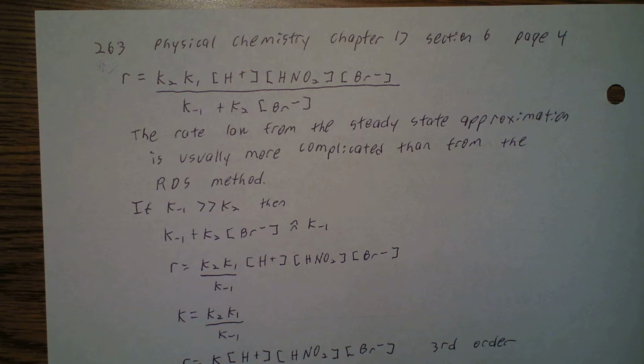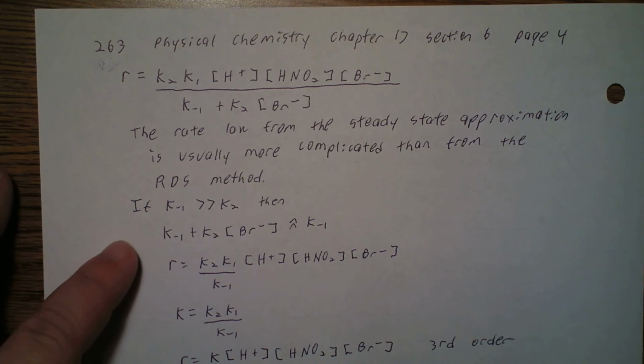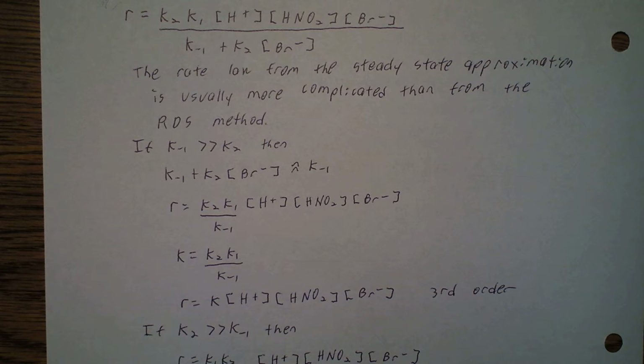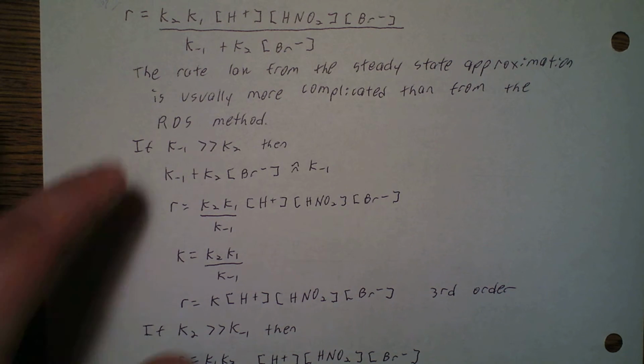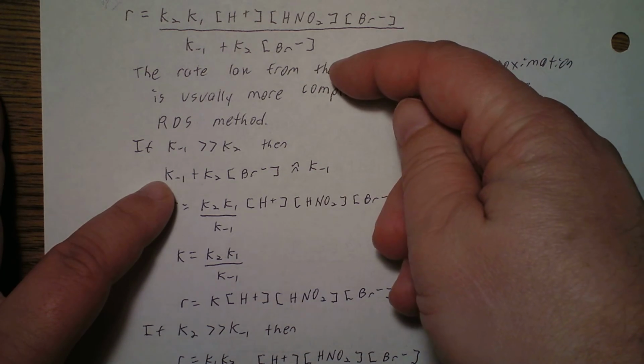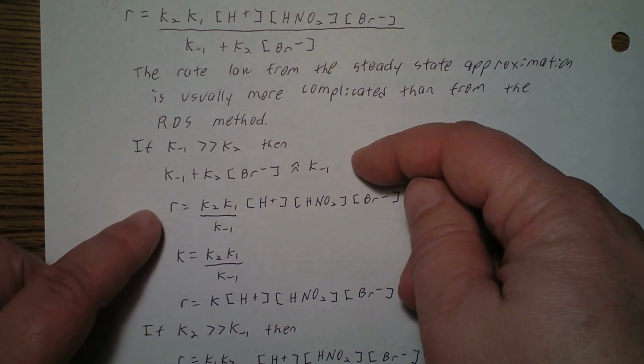So as you can see, the rate law from the steady state approximation is usually more complicated than from the rate determining step method. So if K minus 1 is much greater than K2, then K minus 1 plus K2 down here, this bottom term, is going to be roughly equal to K minus 1.